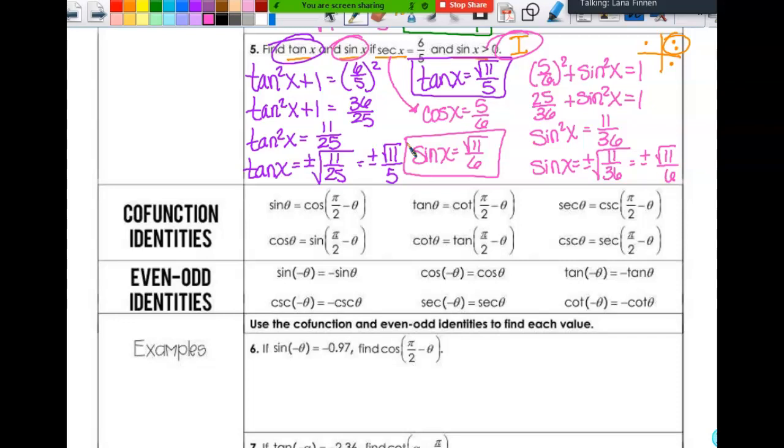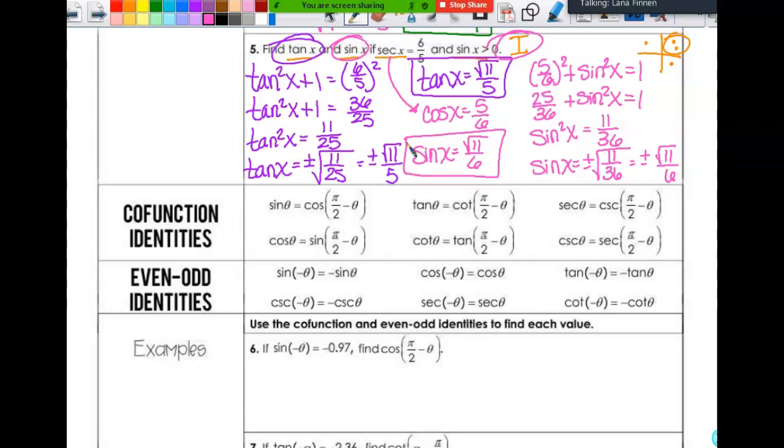Okay, so then let's look at the cofunction and even and odd identities. All right, so your cofunction identities, the best way to explain these, I think, is that if I know that the cosine of pi/6 is the same as the sine of pi/3. Does that make sense?